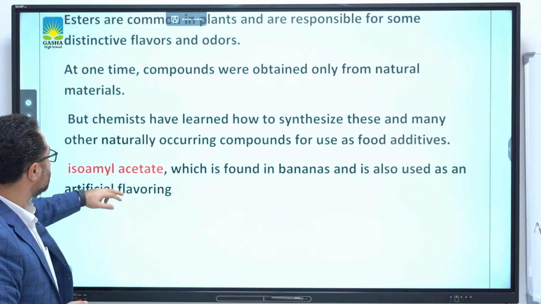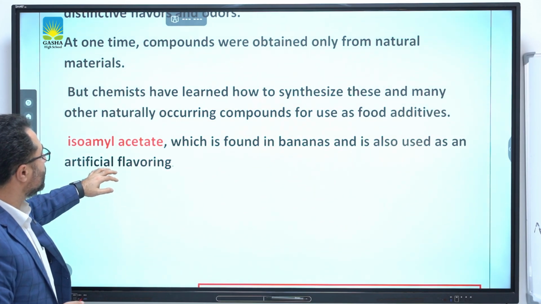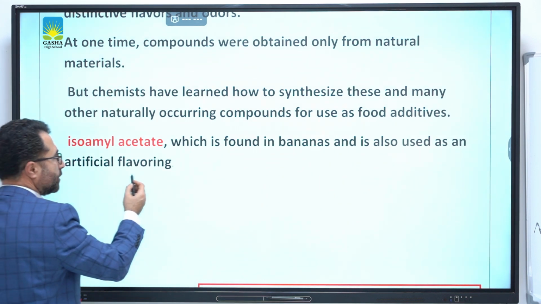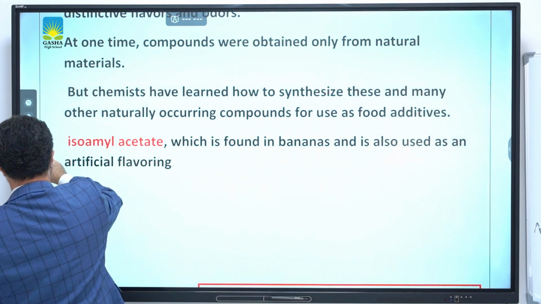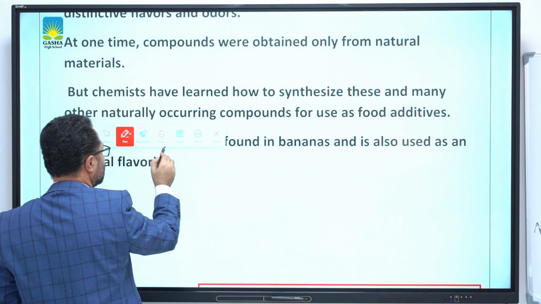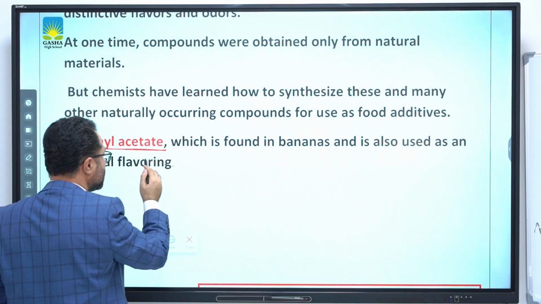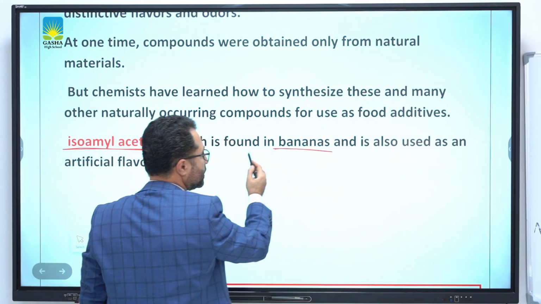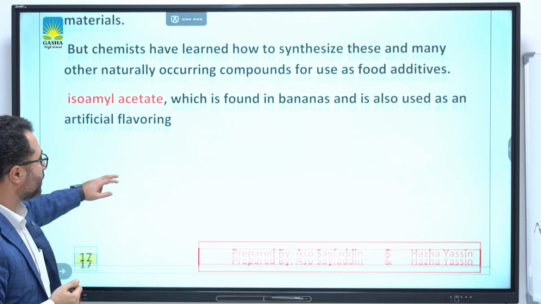They are used in synthetic production of juices, for example banana. Isoamyl acetate is an ester which has the same flavor and odor of banana. So we can use this as juice of banana, as a flavor.